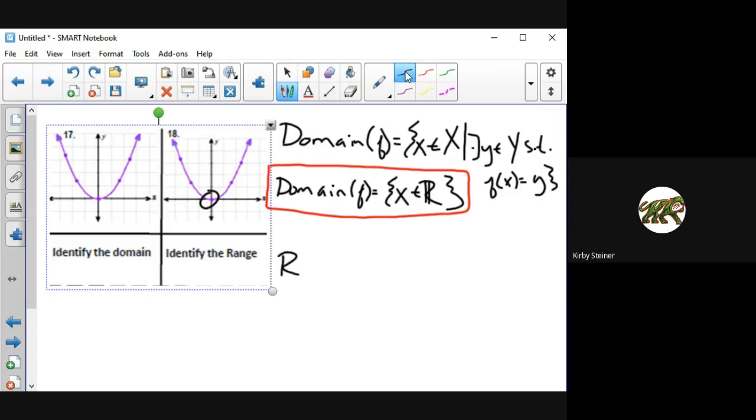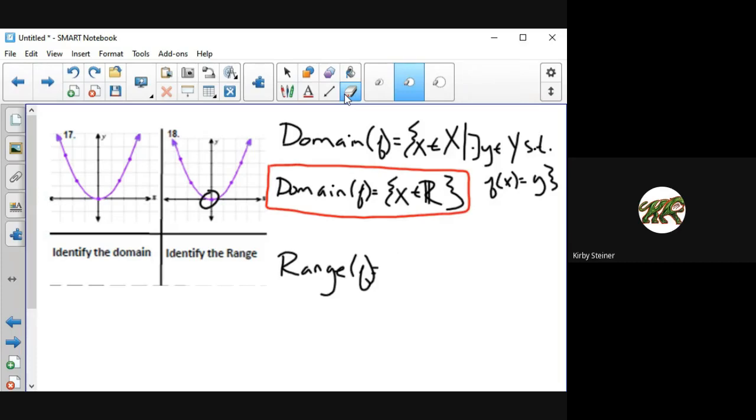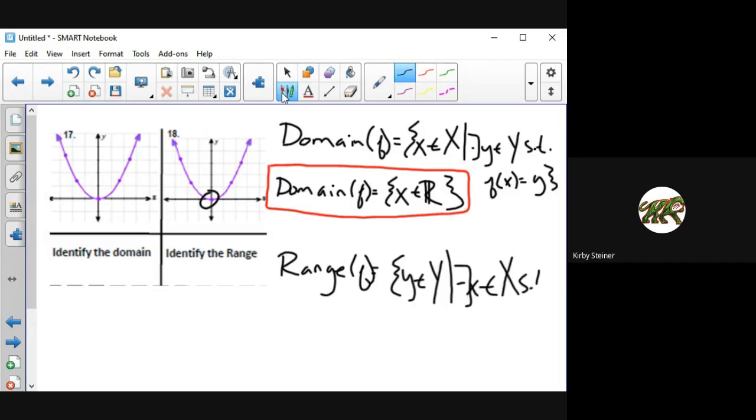Let's look at the range now. So our range is going to be the y's such that there exists an x such that f of x equals y.